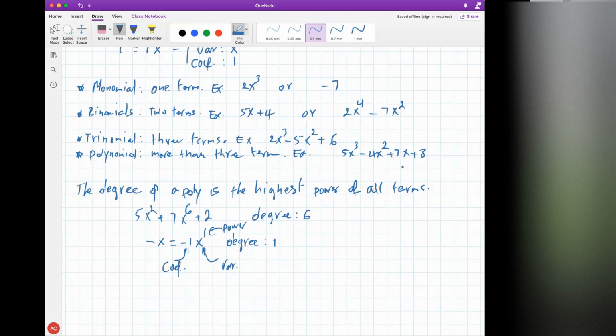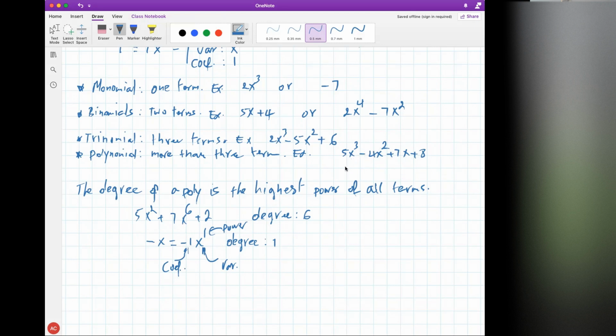What is the coefficient of the second term? Negative 4. So we have 4 terms, 1, 2, 3, 4. This is the second one, so the coefficient is this.